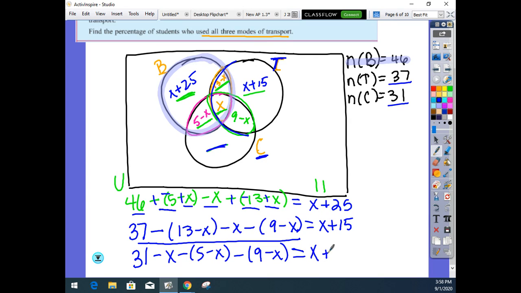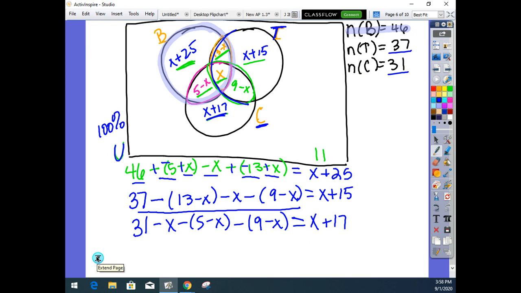I'm going to tell you right now, you will probably not have anything this complicated, but hopefully you're following the process, sort of. And now we have every single piece filled in, and because we're dealing with percents, everything in the universe is going to add up to 100%. So I'm going to now add up every single thing that we see.